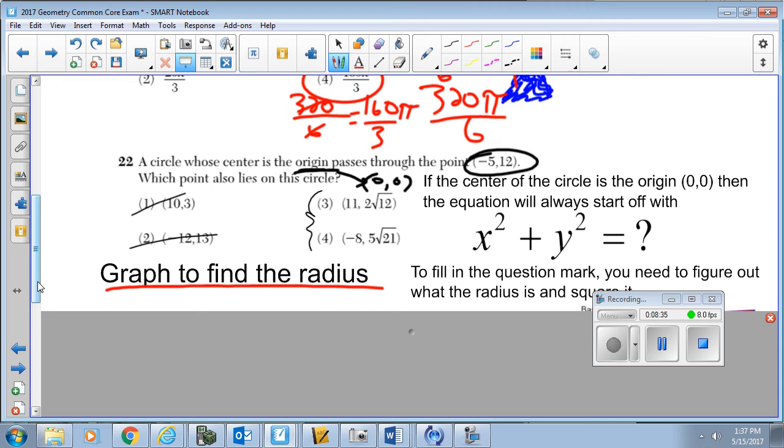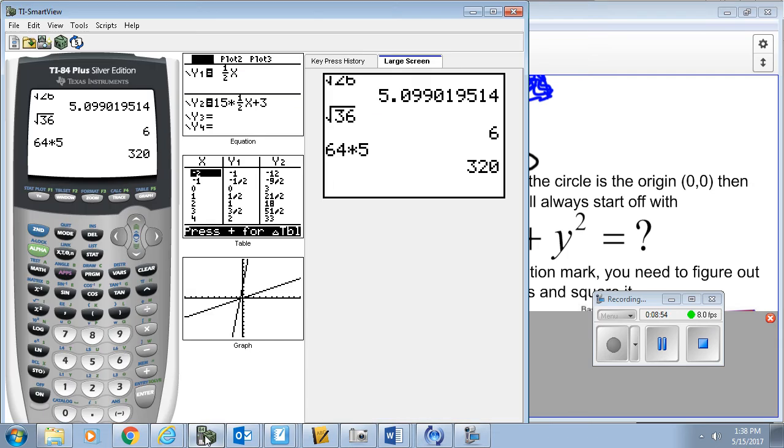Now, these other points are going to be a little more difficult because you really don't know where the point 2 radical 12 is, but you can estimate it. I'm going to estimate where that point is, and maybe we can get an idea if that would be on the circle. So I'm going to go to the calculator and put in 2 radical 12 and see what numerical value that is.